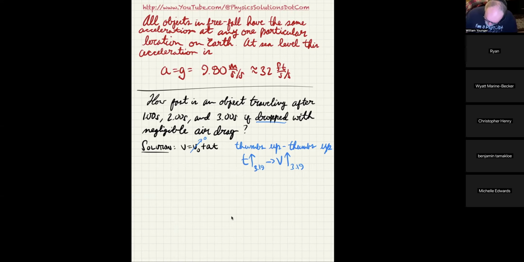But that tells us that there's multiple ways we can solve this problem. So what I'm going to do now is say v of 1.00 seconds is equal to 9.80 meters per second squared times 1.00 seconds, which gives me 9.80 meters per second.